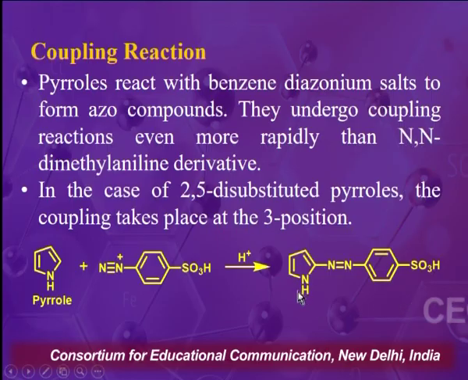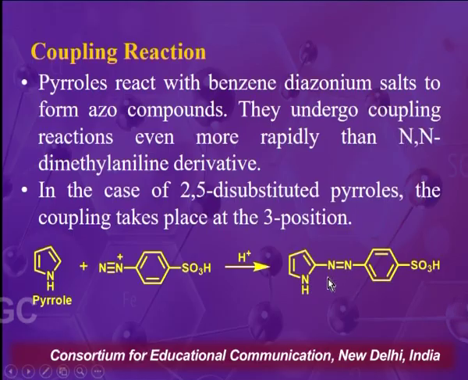Further, just like any other aromatic system, the coupling reaction is also possible on the pyrrole system. When we do a coupling reaction on pyrrole, the coupling takes place at the C2 position and we will get azo compounds.